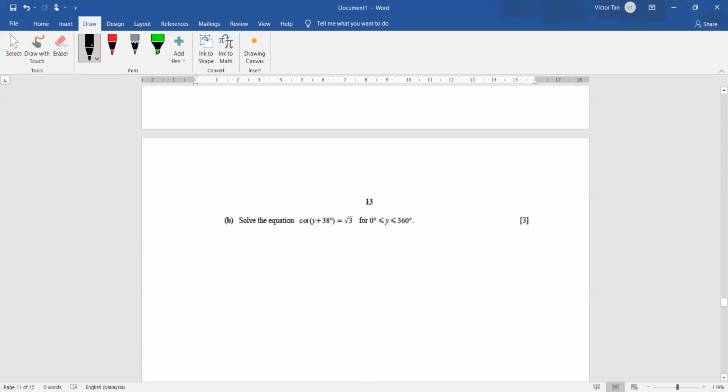Solve the equation cotangent y plus 38 equals root 3. So this is tangent y plus 38 degrees equals 1 over root 3. So this will be 30 degrees. Tangent positive is the first and the third quadrant, so this is 210 degrees.